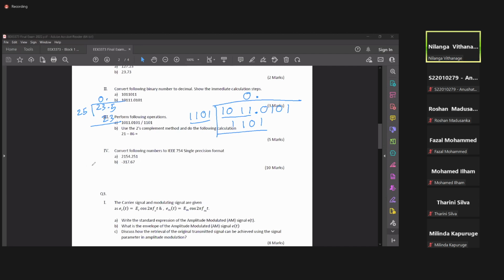Shall we take a small number like 3.5 divided by 6? Here this value is smaller than 6, so you cannot divide by 6. So you have to put 0. Then you have to put 6 here, right? So 6 by 5 is 30 now. So you can put 30 here.